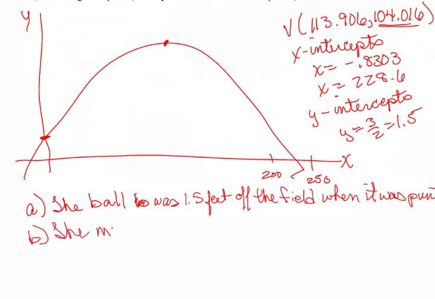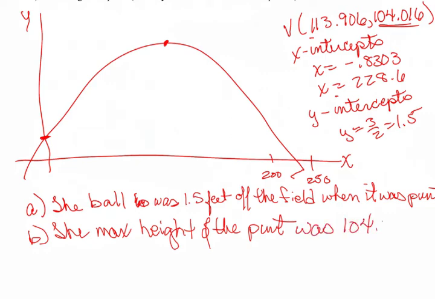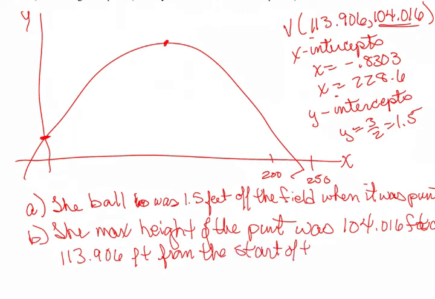The maximum height of the punt was 104.016 feet at 113.906 feet from the start of the punt.